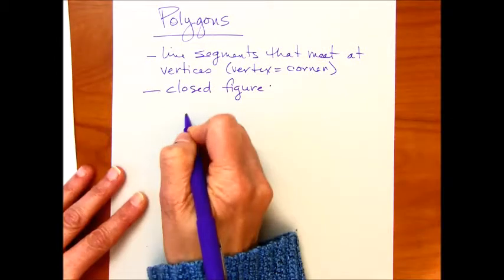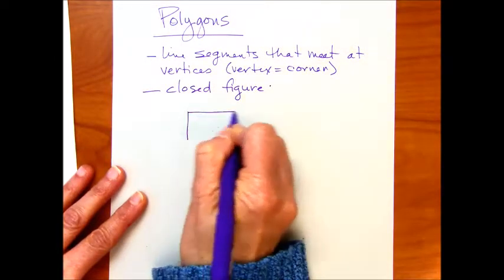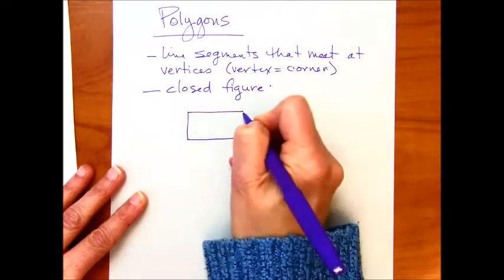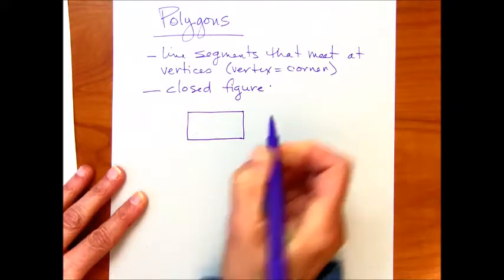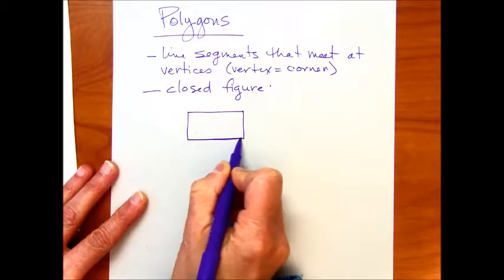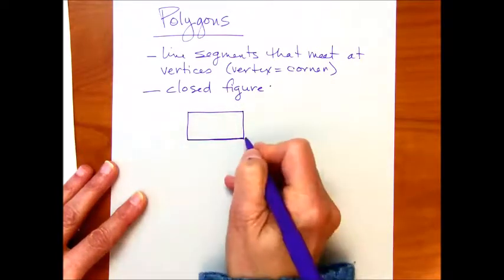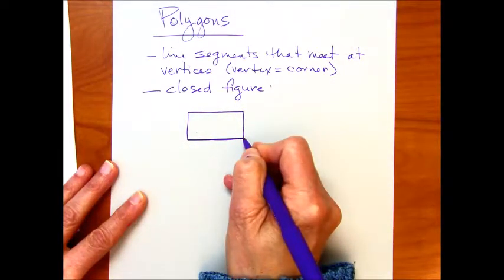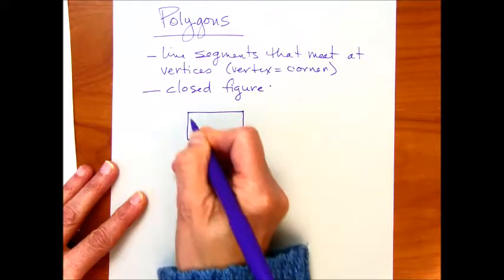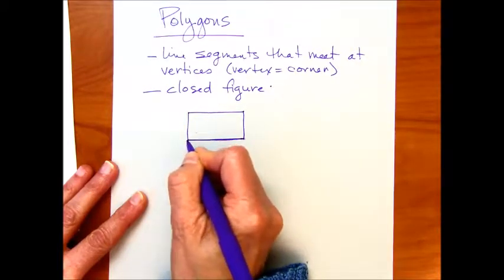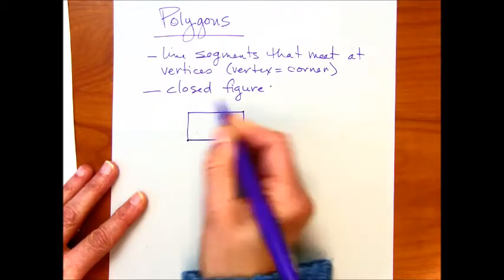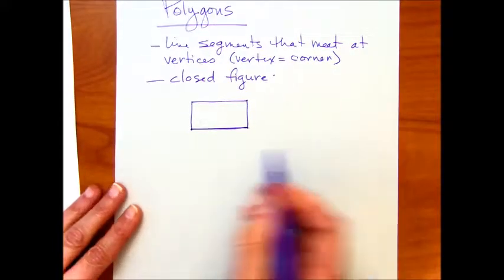So for instance, if I just draw what looks like a rectangle here, notice that it's made up of line segments. These are all lines, and the lines meet at the corners, which are the vertices, or each one is a vertex. Vertex, plural is vertices.